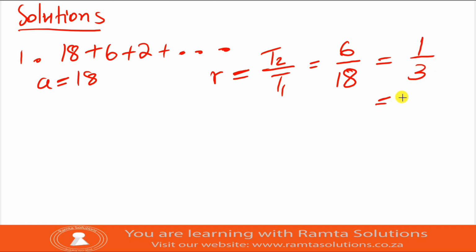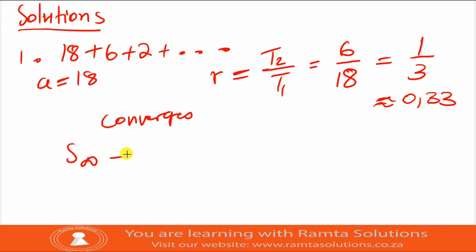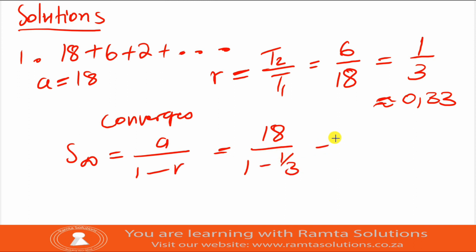Guys, 1 over 3 is similar to 0,33. This means the series converges. Therefore, I can find sum to infinity, which is a over 1 minus r, which is 18 over 1 minus 1 over 3.